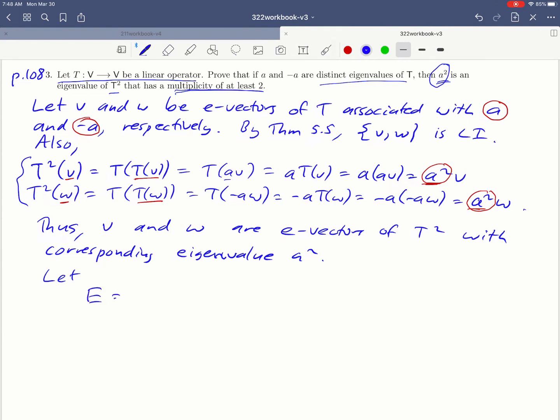If we give a name to the eigenspace of T squared associated with that eigenvalue of a squared, all we really need to do is to point out again that v and w are linearly independent. We proved that earlier in our argument.